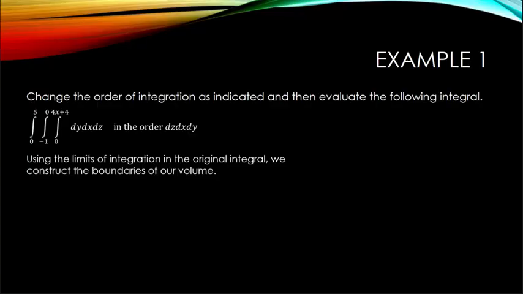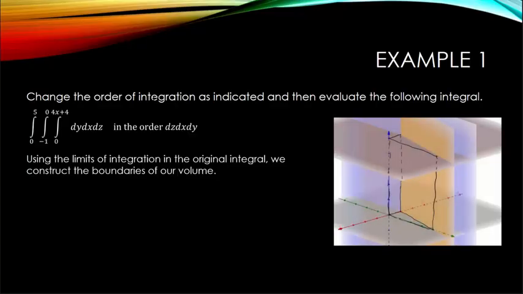But I want to integrate this in the order dz, dx, dy. I'm going to use the limits of integration I was given in the original to construct the boundaries for my volume. I'd simply plot the planes given by each limit of integration, and I get a triangular shaped prism.